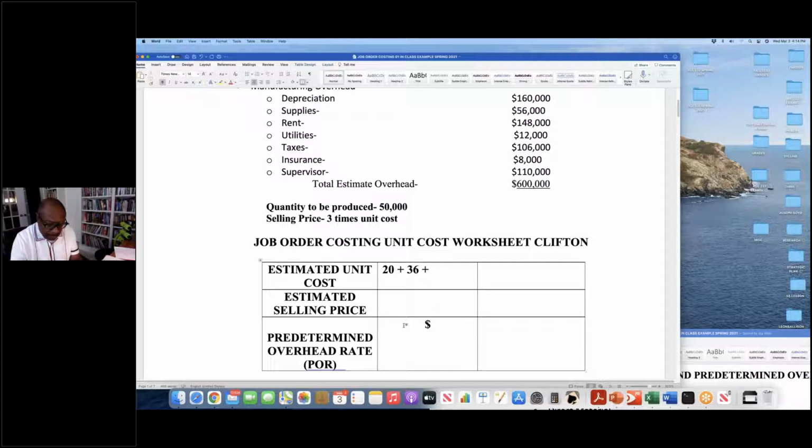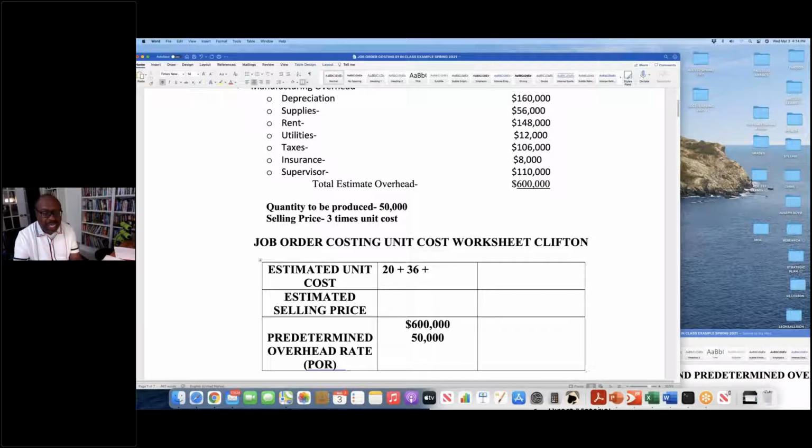Correct. The next thing we need is the quantity that we're making. How many are we making? Over 50,000.